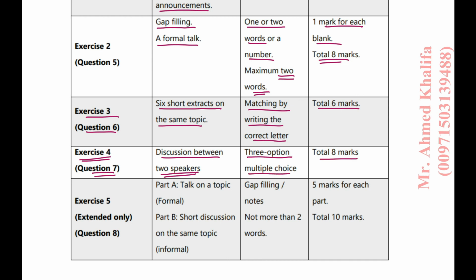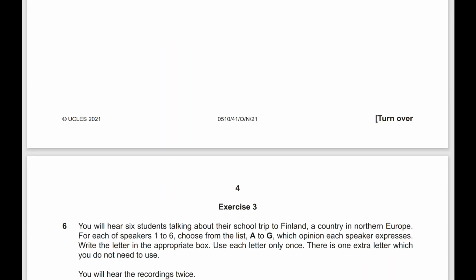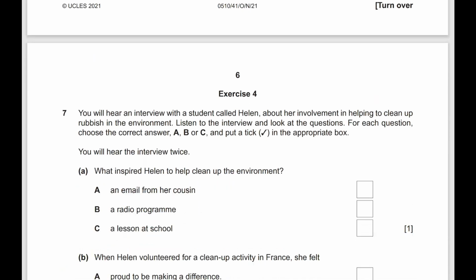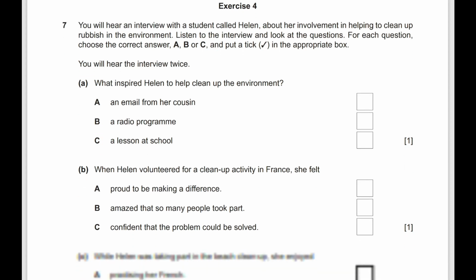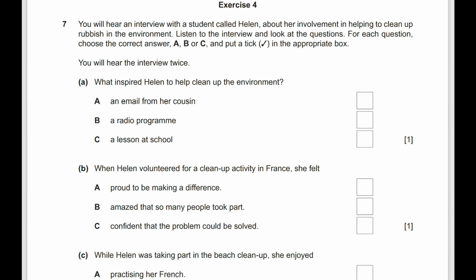Let us have a look at exercise number 4 and question number 7. We have got here the multiple choice. Exercise number 6, we said matching. Exercise number 7, we said discussion between 2 speakers and multiple choice, okay?